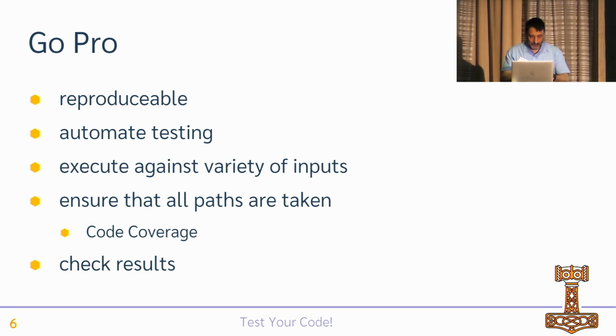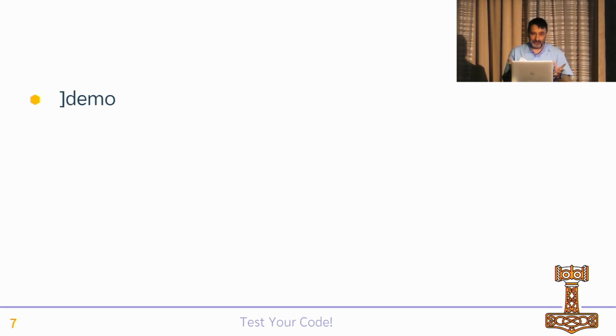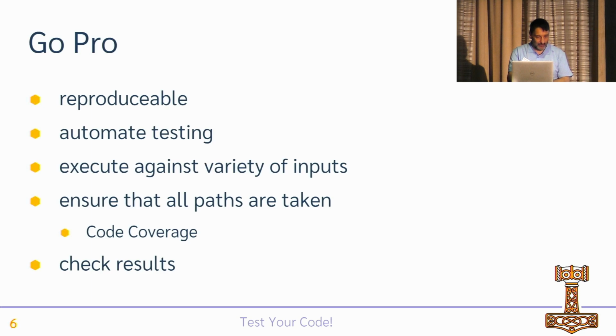I don't want to go into the details, but the things that are important about testing are, first, it should be reproducible. We have seen that. We have heard about automation already. Obviously, a good test should execute code against very diverse inputs. And this should go automatically. What I find very important is to ensure that every executable part of your code is actually executed.